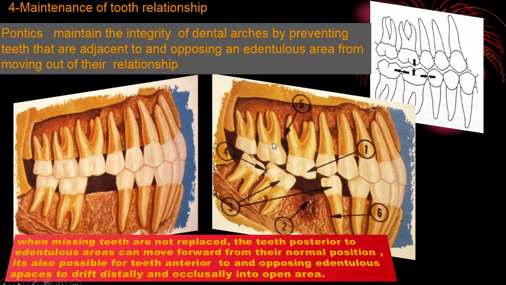So pontic maintains the integrity of the dental arch by preventing teeth that are adjacent and opposite the edentulous area from moving. وهذه احنا شارحينها في المحاضرة السابقة، ما في داعي ندخل في تفاصيلها.